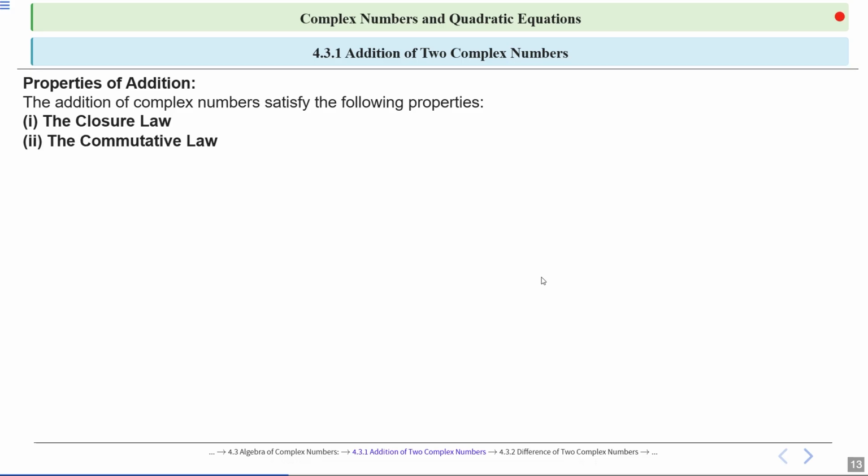Then the second property is commutative law. This property tells us that the order in which we add complex numbers doesn't matter. Then we will look at associative law. This law says that when we are adding three complex numbers, the grouping doesn't affect the result.